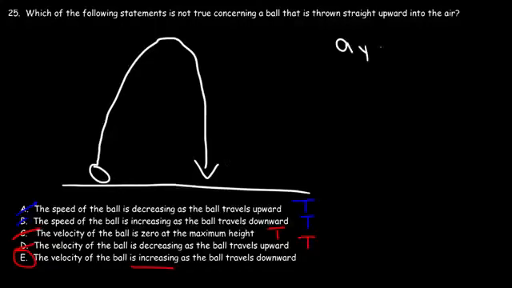We know the acceleration in the y direction is negative 9.8. So let's say the upward vertical speed initially is 29.4. 1 second later, the vertical velocity will decrease by 9.8.